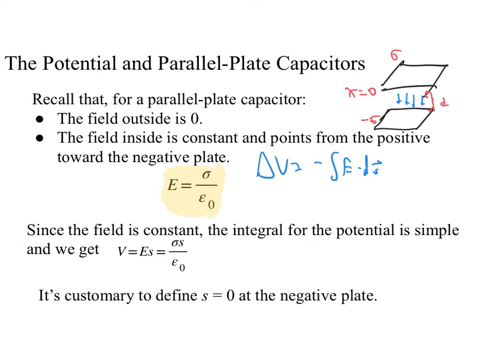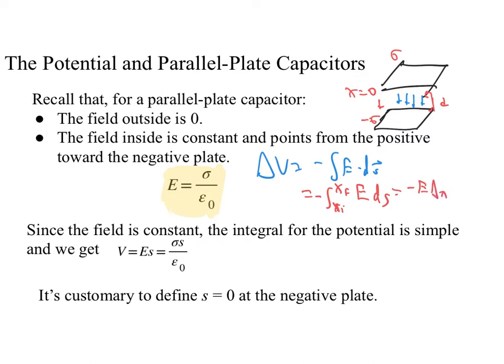Let's call it d, the separation of the plates. And we're going to say we go from some initial position, xi, to some final position, xf. And E dot ds in this case is going to be just E ds, because they're aligned. So we get just that. It's minus E delta x.